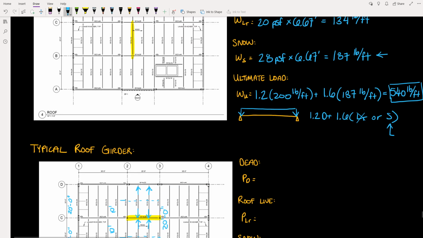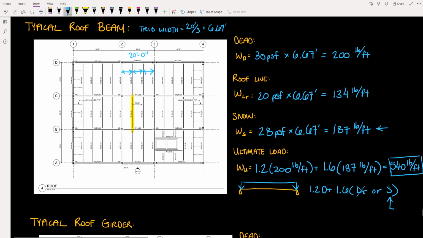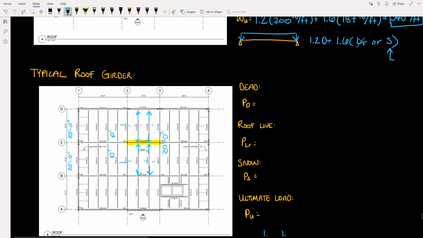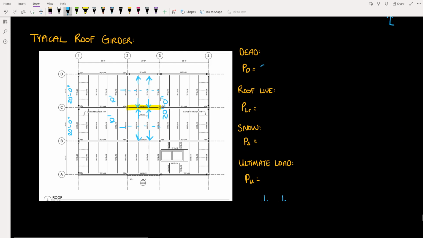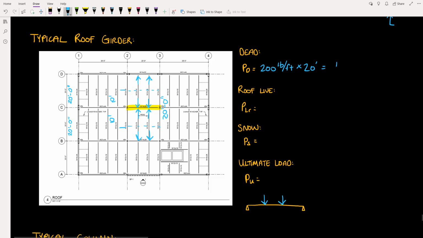So if we go back up here to our roof beam, we saw that there was 200 pounds per foot of dead load. So 200 pounds per foot of dead load times 20 feet, that gives us 4,000 pounds, or 4 kips.